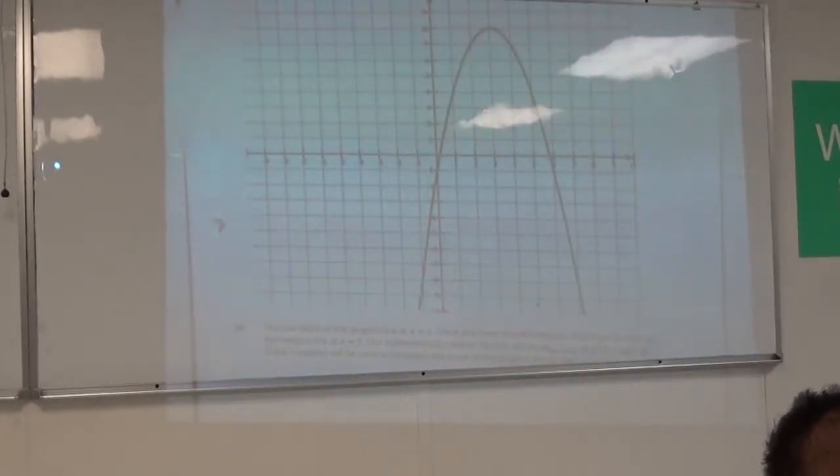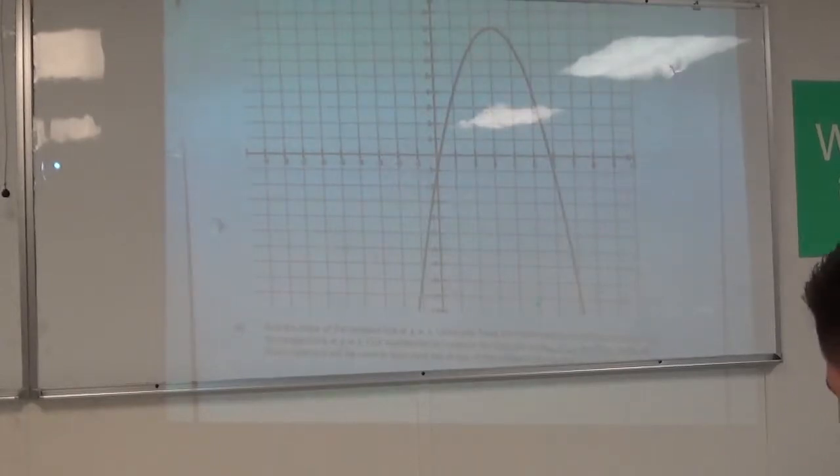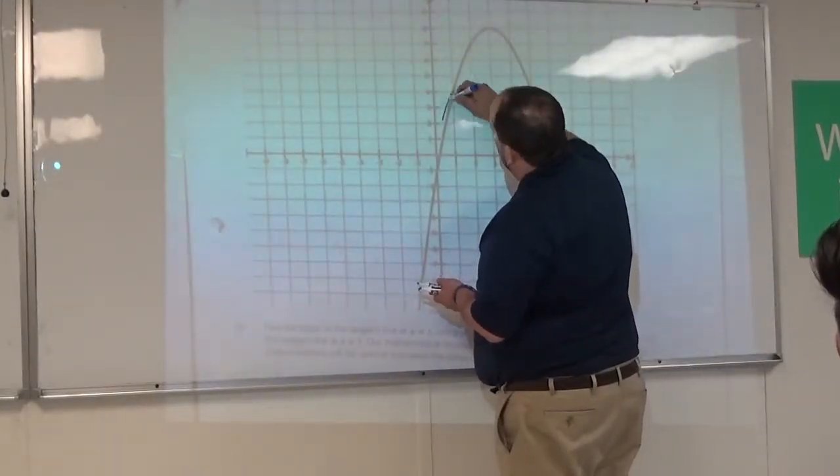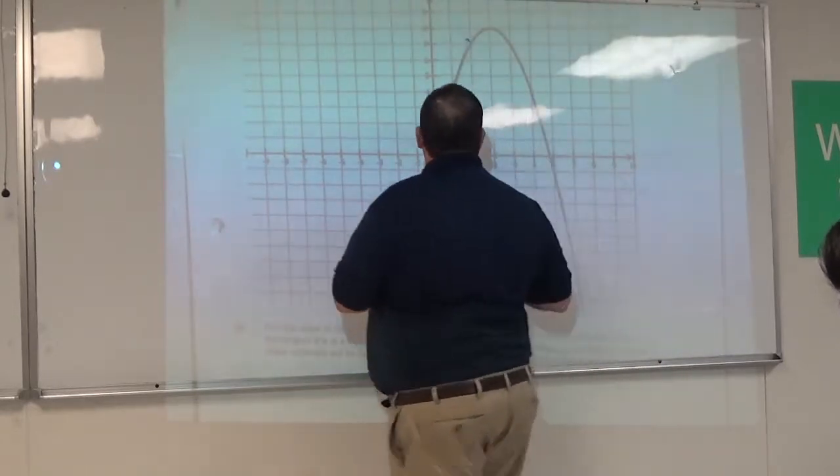Right, I want a tangent line. Alright, if I had a big enough ruler, I'd be drawing my tangent line right over there.